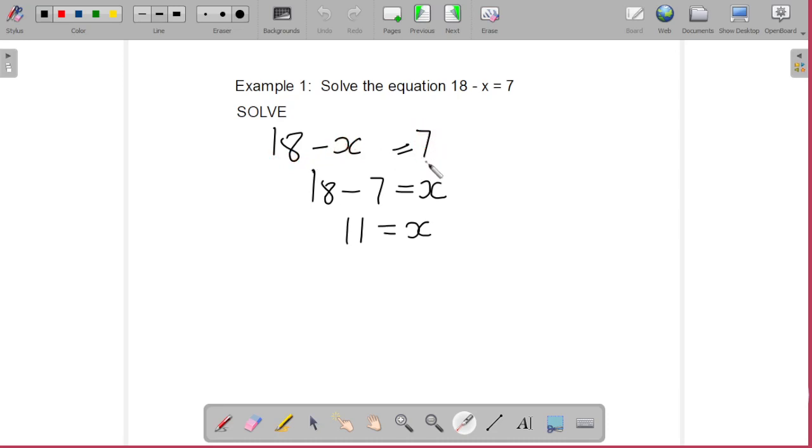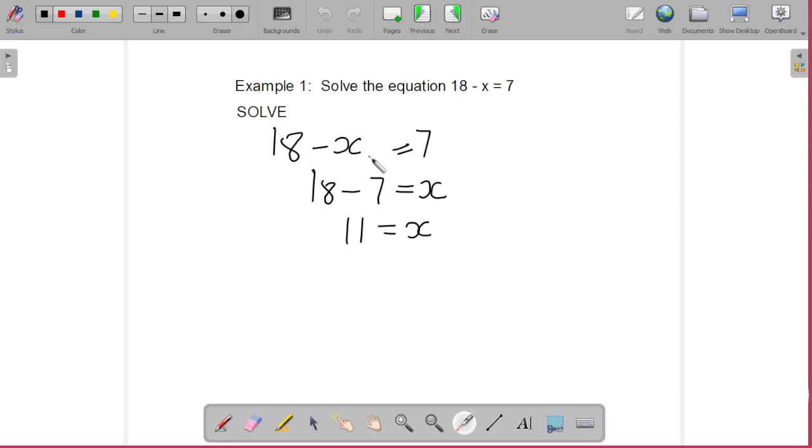Collecting like terms means that we bring the numbers together, and the letter we put on one side. We have the left hand side and the right hand side. So you have to find a way to bring whatever is in the expression to the right or left hand side for you to get your answer.